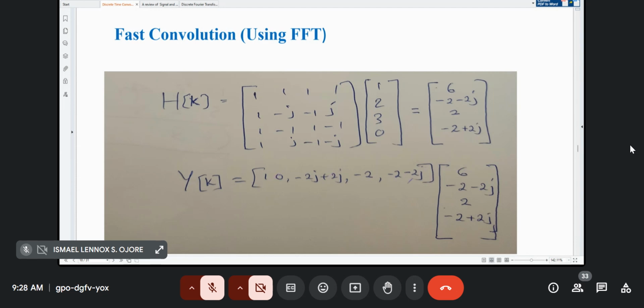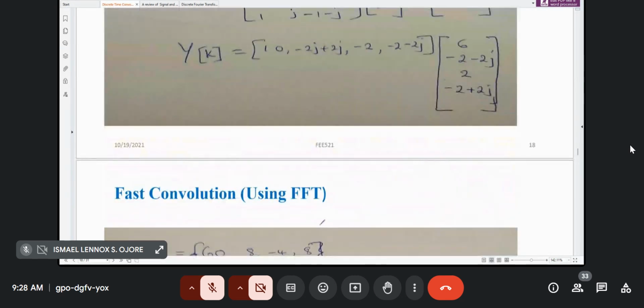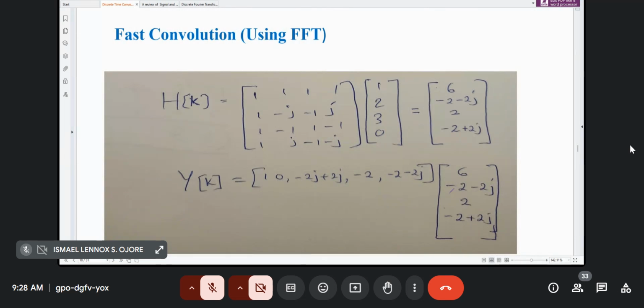You multiply this and this, it gives you the second one.